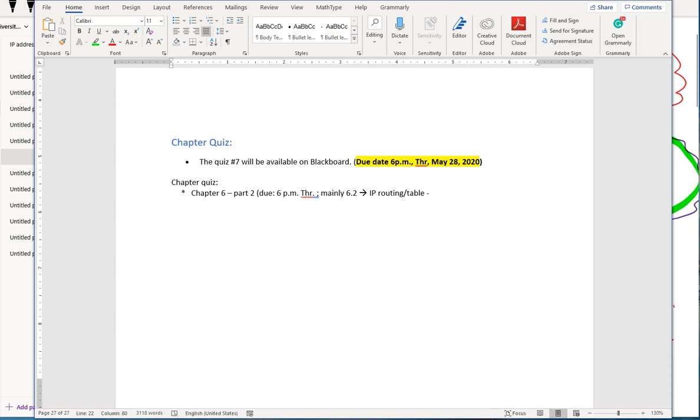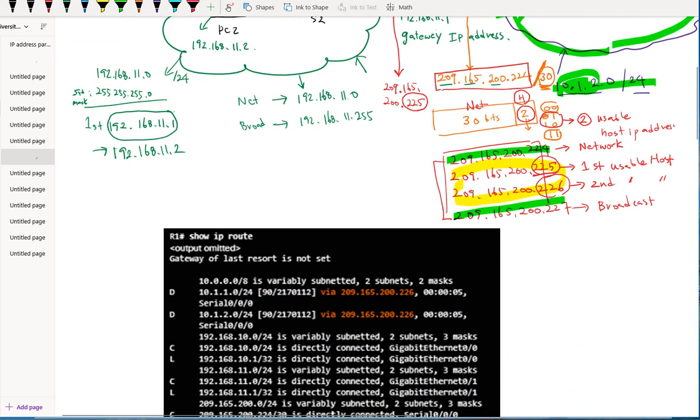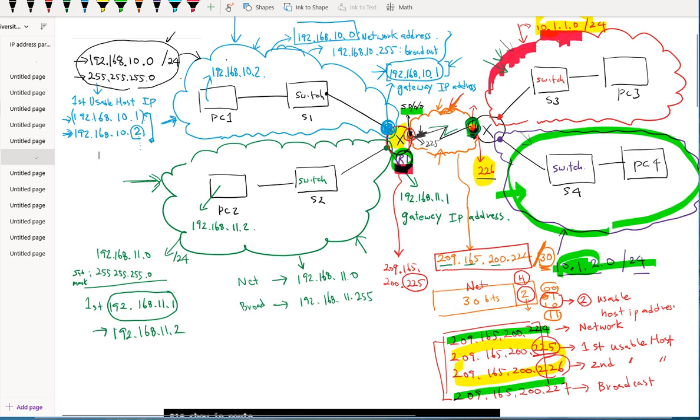Basically, you have to submit the following: create a routing table on R2. This routing table is for R1, and I want you to create the same kind of routing table for R2.